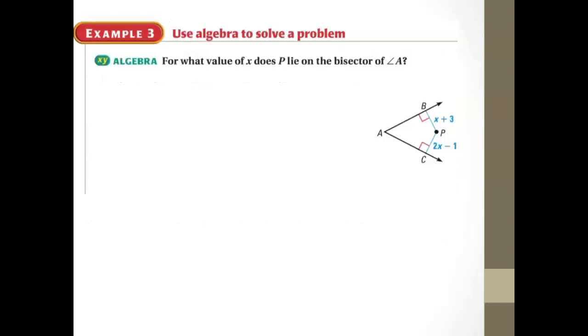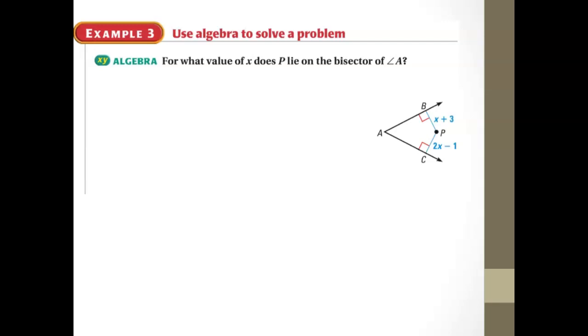Example 3. For what value of x does P lie on the bisector of angle A? Here you can see a point P, and you can also see that PB and PC are drawn in there. In order for P to lie on the bisector of angle A, you know that P must be the same distance away from AB as it is to AC.